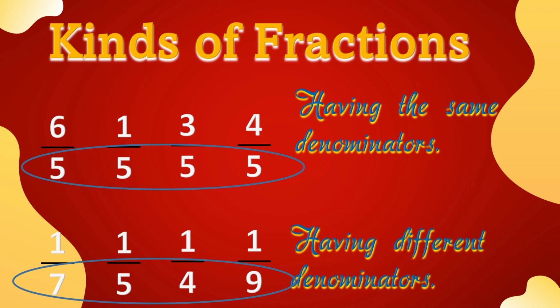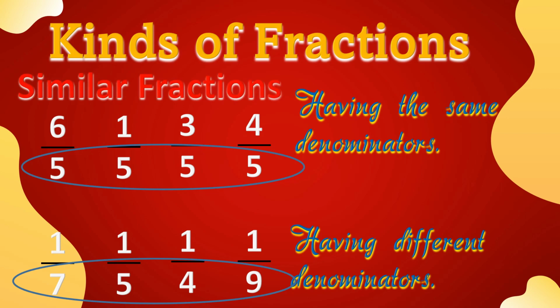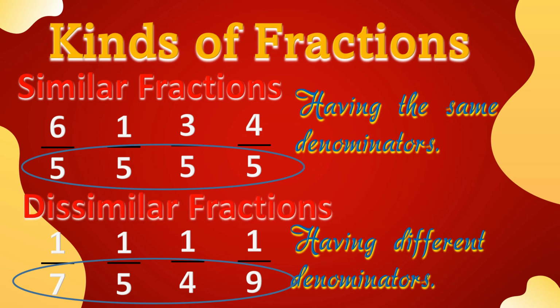So, kapag ang ating grupo ay having the same denominators, that is similar fractions. So, while kapag ang group naman natin ay having different denominators, ang tawag doon ay dissimilar fraction. Bakit kailangan natin itong ma-identify?